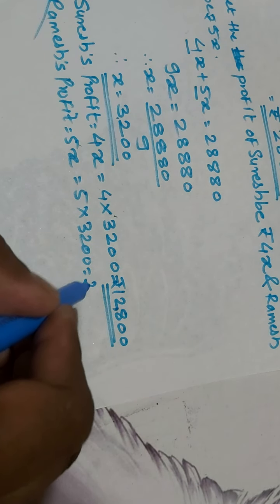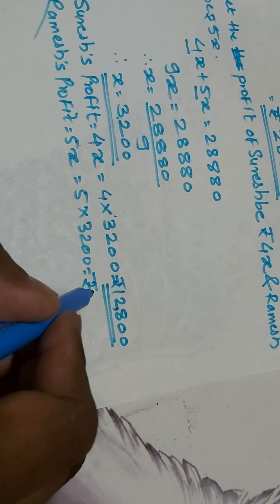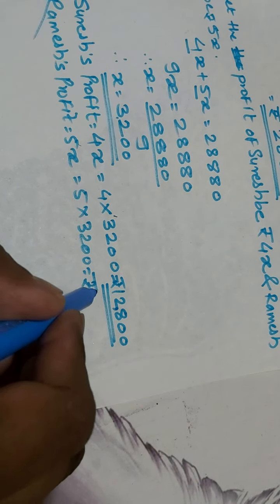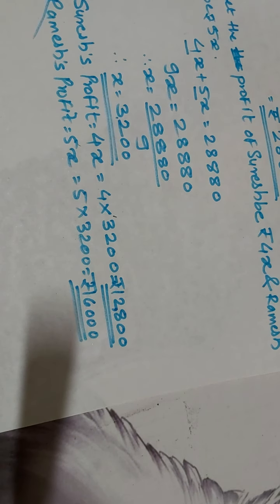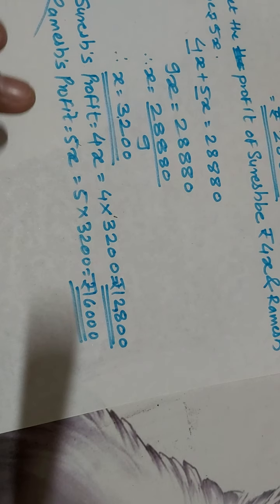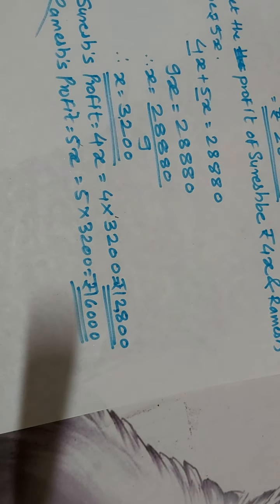Okay, so rupees that is 16,000. Okay, so now we got both profits, Suresh profit and Ramesh profit.